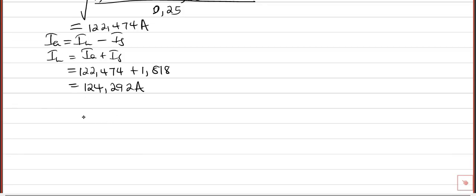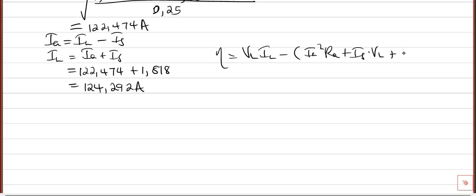Part of your options are, either you look for input power and output power, or you use the whole formula for efficiency. Remember, the whole formula for efficiency says VL IL over, this is the one for a generator, we want the one for a motor. So it says VL IL minus IA squared RA plus I shunt VL plus IAO VL all over VL IL.